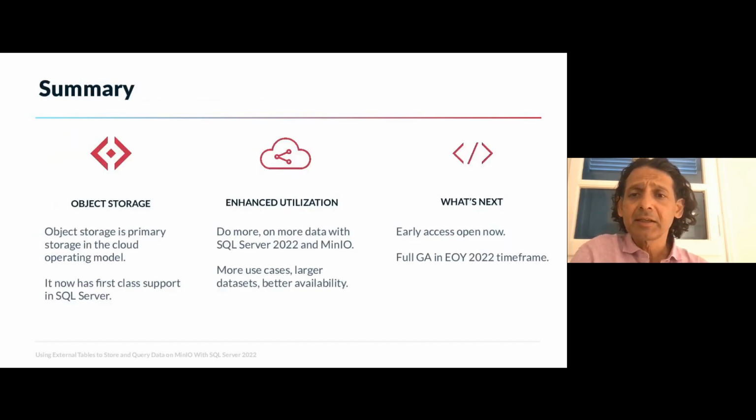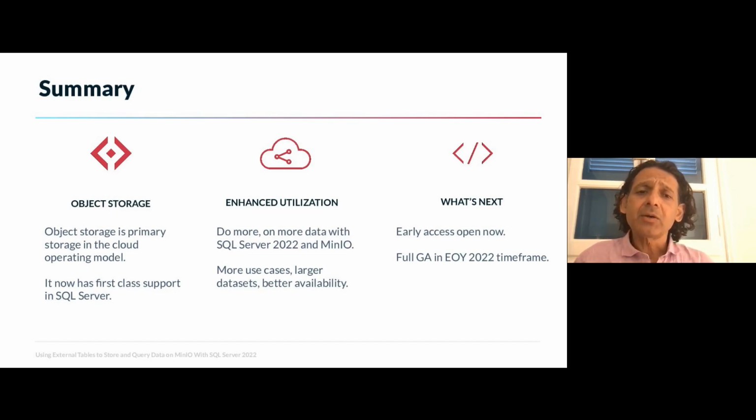out of the gate. So in summary, what we really covered is that object storage is being leveraged as primary storage in the cloud, and that operating model has many benefits to an organization. And it is first-class storage.